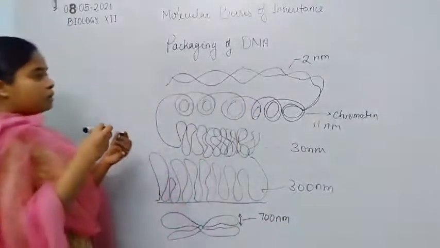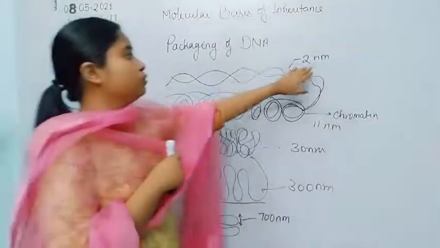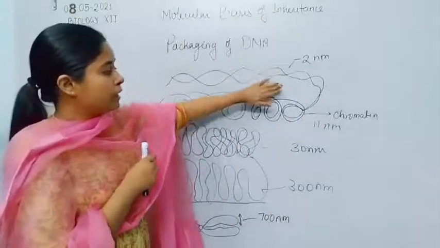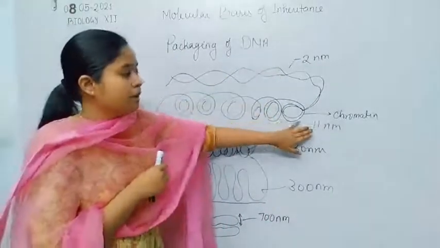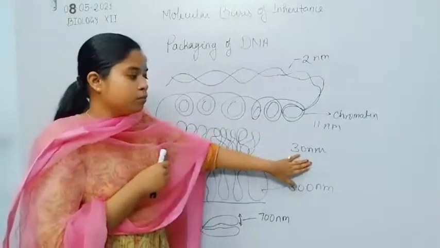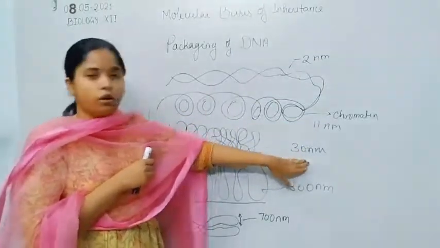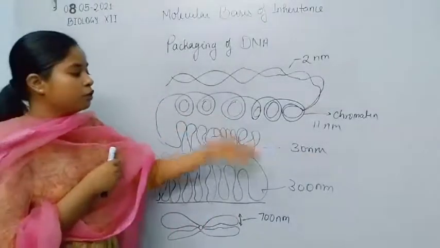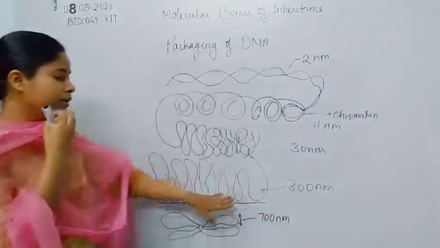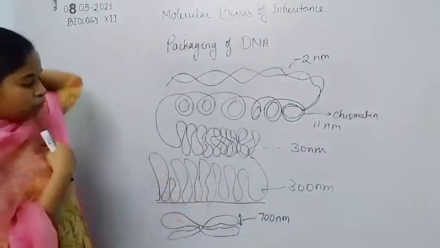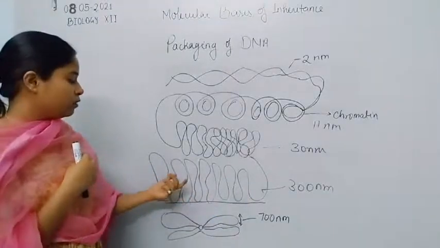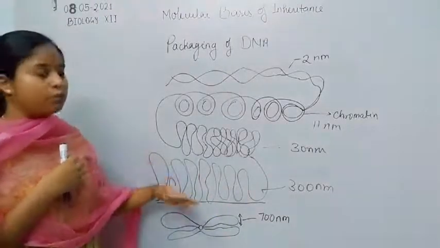So, for example, here is only a 2 nanometer DNA molecule, more condensed to form 11 nanometer chromatin fibers, which get more condensed to form the 30 nanometer solenoid structure, and get more condensed to form the protein scaffolding where the DNA wraps around the main axis to form the brush like border.